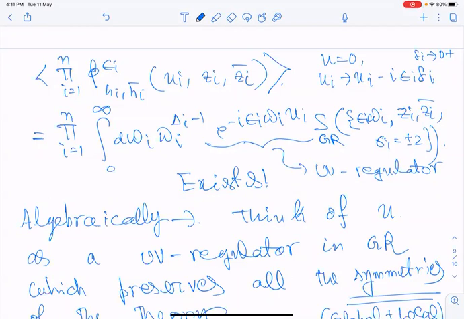I don't really know actually. Because the point is that the S matrix, if I just talk about the S matrix, it is not... I should say that I don't know actually. We can talk about this.